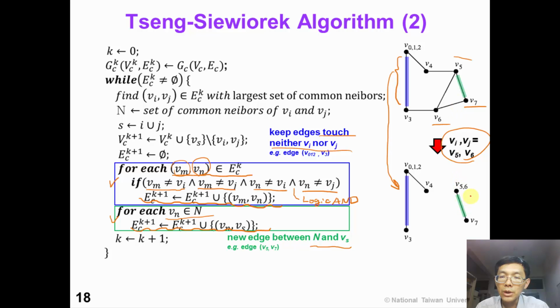So we would insert a new edge between V56 and V7. After we are done with the blue rectangle and green rectangle, we now have a new set of edges. Then we can move on to the next iteration. This process continues until there is no more edge in the set.